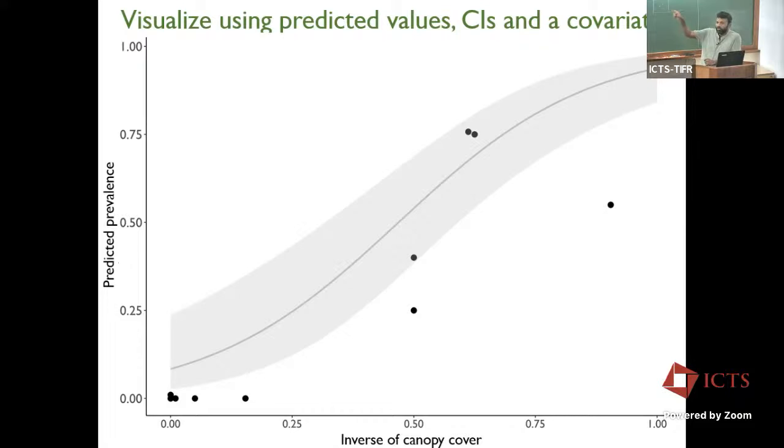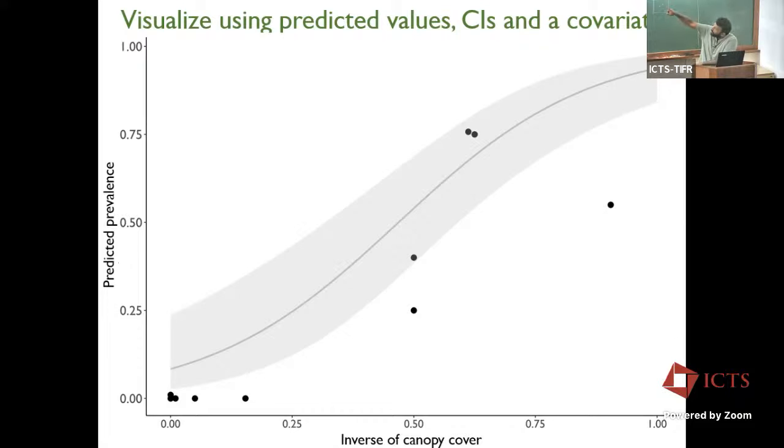So it's useful to predict and back transform and plot your model results alongside the data, and that is quite important. Whenever you do any kind of modeling, wherever there is an opaque box where you don't know what is going on inside, it's useful to bring this out, see how it's fitting with your data points themselves, and let that be the visualization that goes back to the reader.